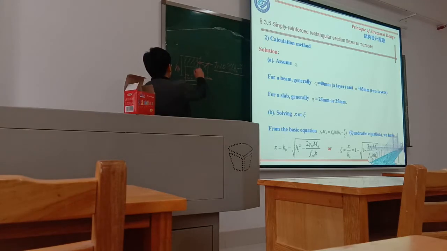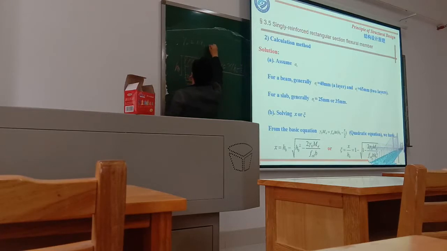So gamma 0 is 1.1, 1.0, 0.9, for level 1, level 2, level 3.